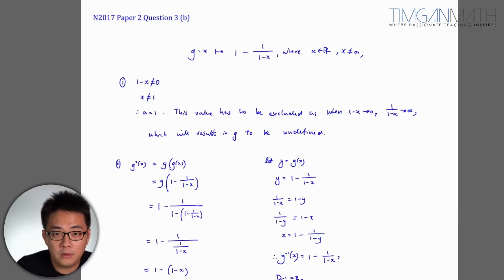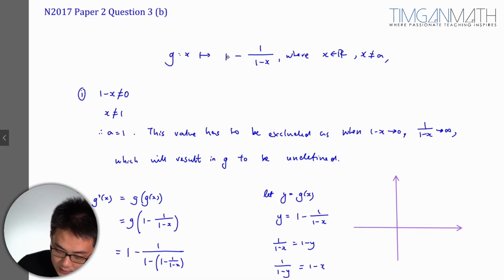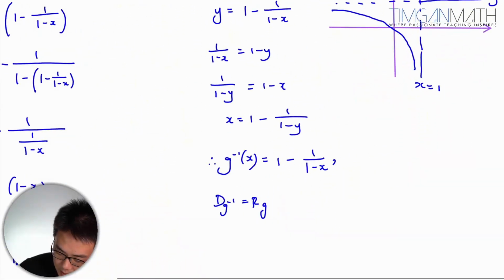Okay, so we need to find the range of g. If you were to plot this graph here, you realize that actually this graph has a horizontal asymptote of 1, and after that you have the vertical asymptote of 1 as well. So the range of g happens to be negative infinity to 1, not inclusive of 1 as well.